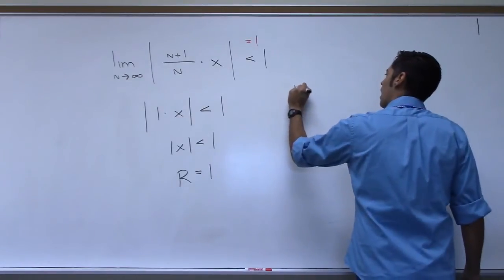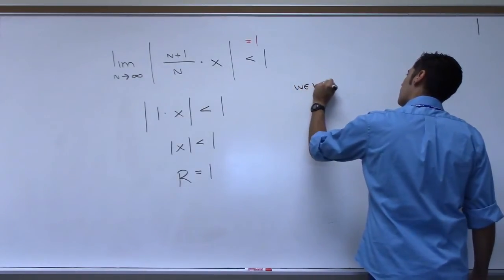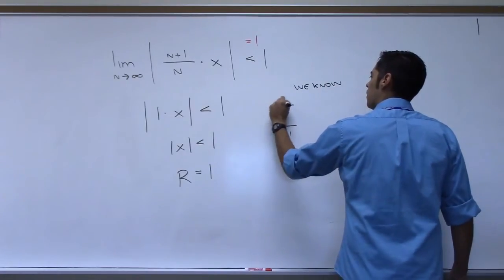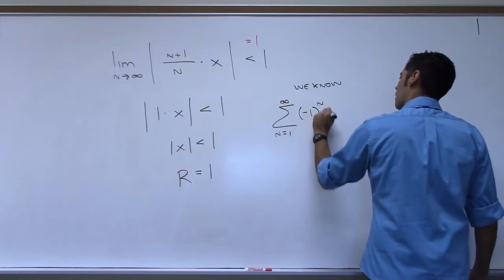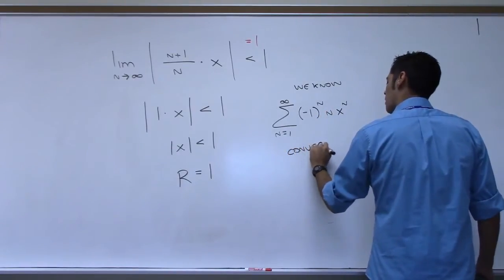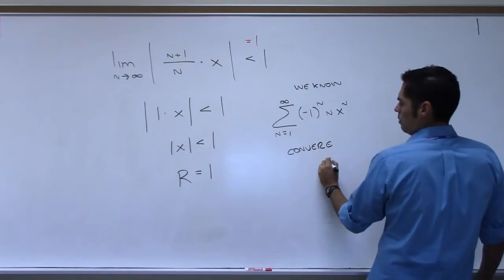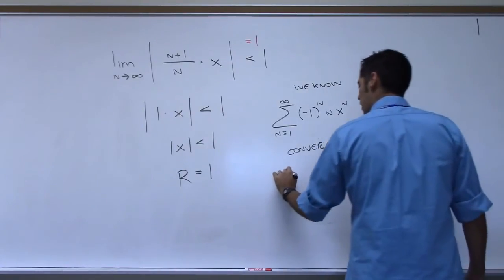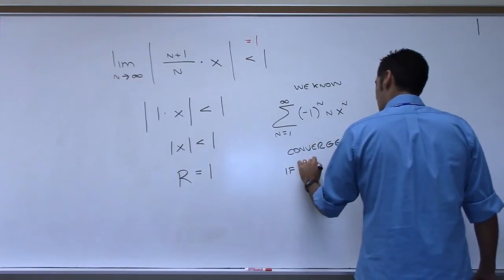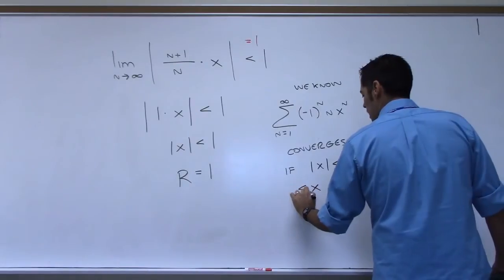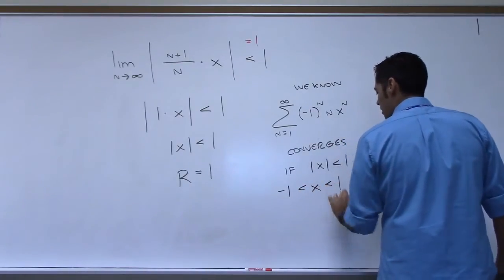So we know right now that the series converges if the absolute value of x is less than 1, which means that x is between negative 1 and positive 1.